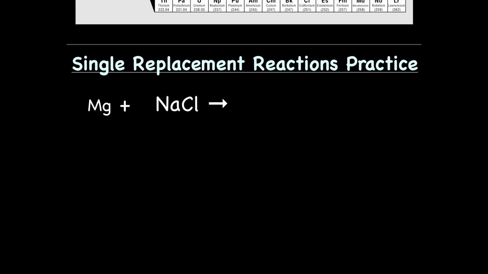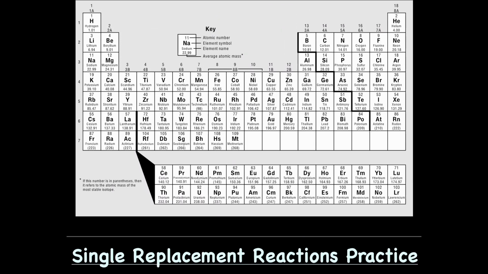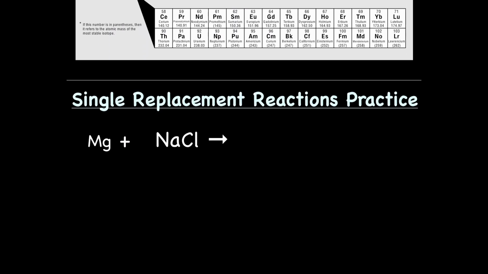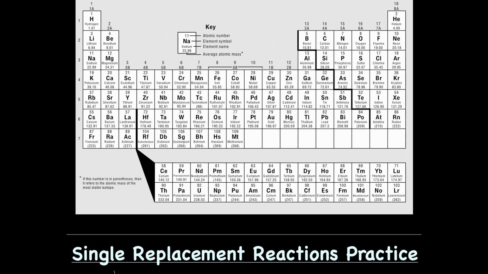So we've got magnesium, which is a metal, going to lose 2 electrons, right? He's going to go from 12 to 11 to 10, being isoelectronic with neon. If he loses 2 electrons, that means he has a 2+ charge. Sodium, also a metal.